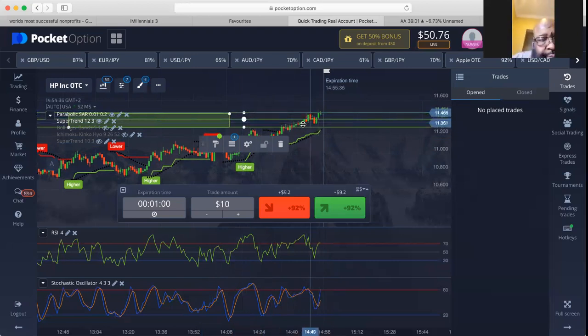As you can see, price has been trapped in between right here for a long time. It's been consolidating. So price has been trapped here at least 9 times. History has repeated itself 9 times. So if price comes back to this support and resistance line, it's going to shoot through the roof. I know that.